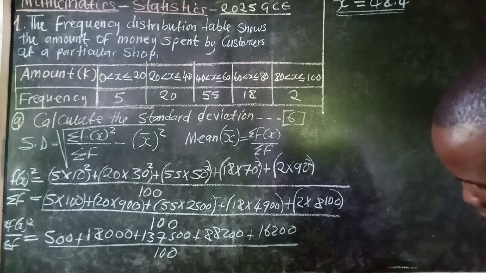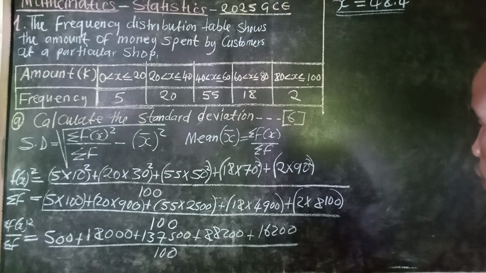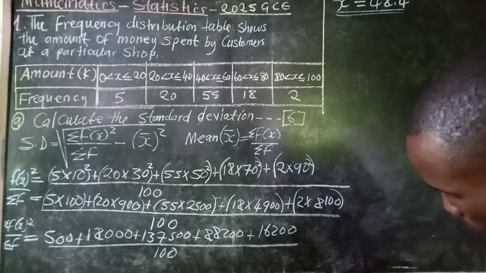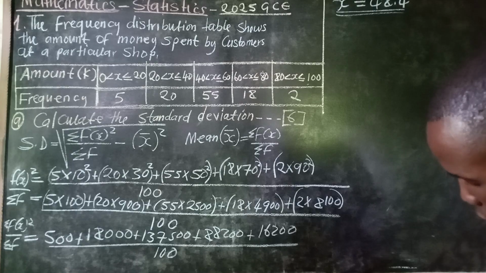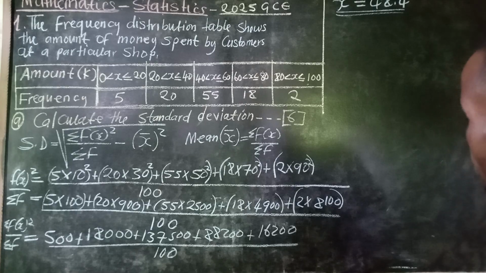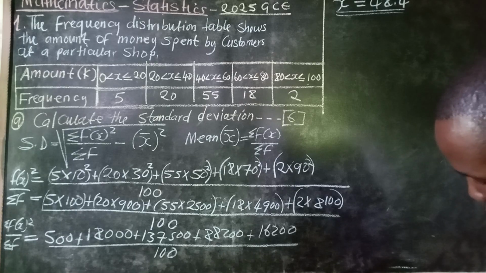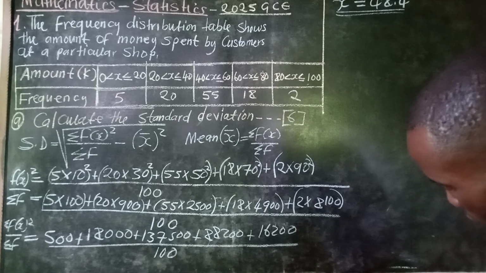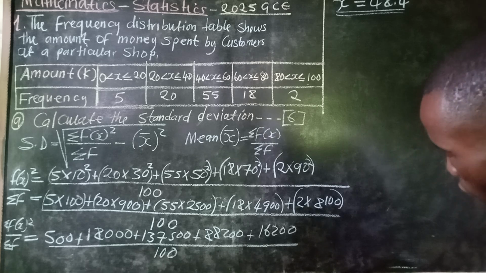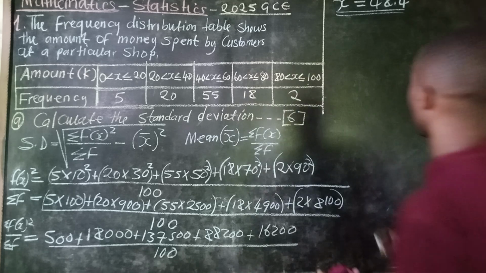So what are we having? Okay, so we are having 260,400.